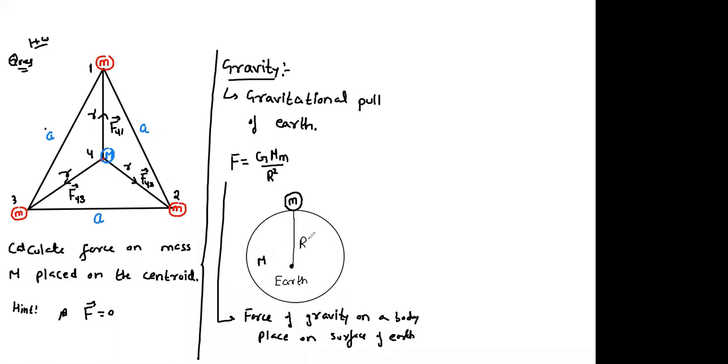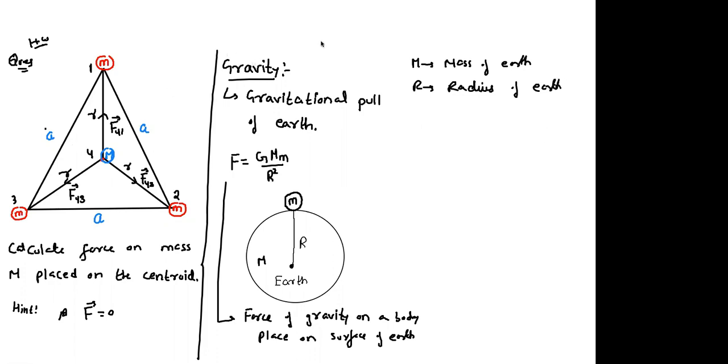If you place the same body at some height, then the separation will change. Here capital M is the mass of Earth, and capital R is the radius of Earth.